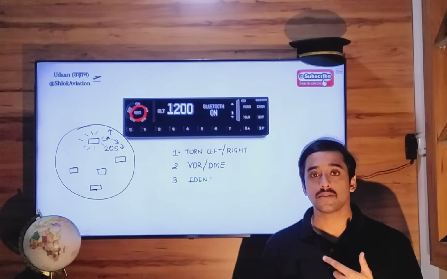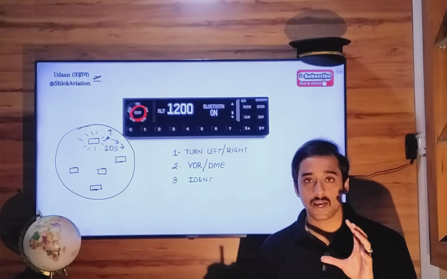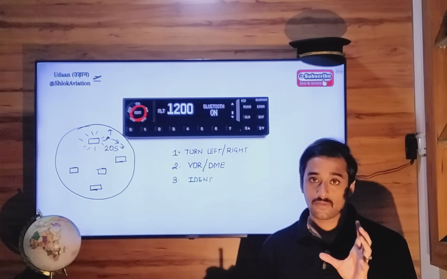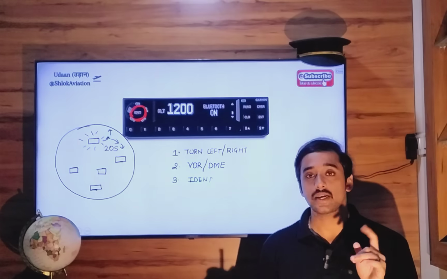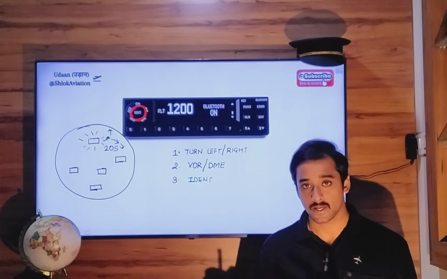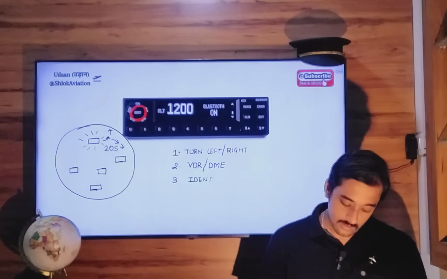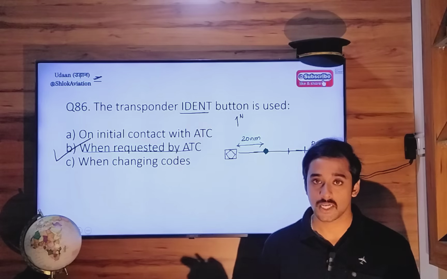But ATC will mistake this flashing of the radar blip for the other aircraft to which it originally asked to press the ident button. So never make this mistake and always press the ident button only and only when requested by ATC.